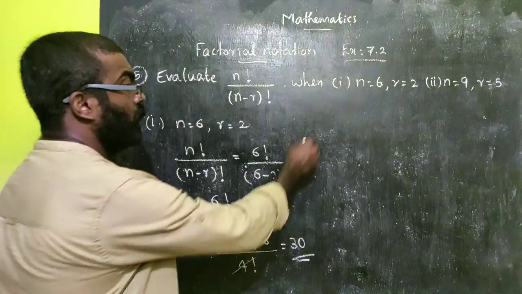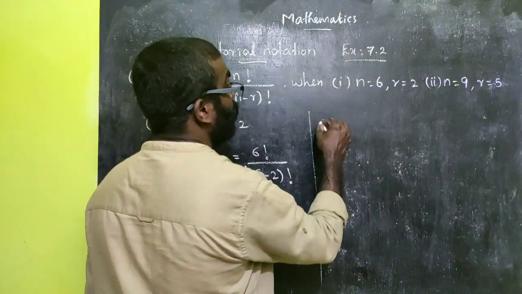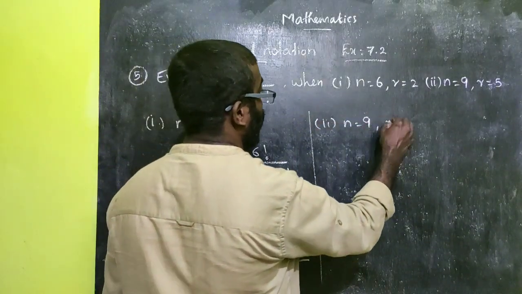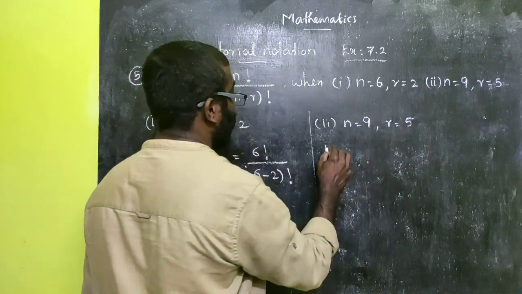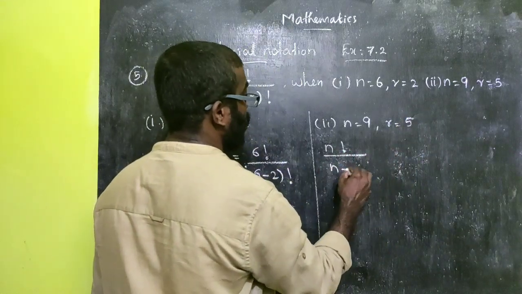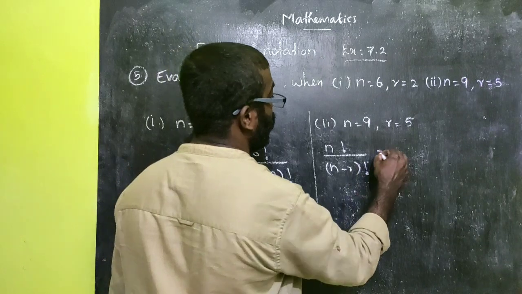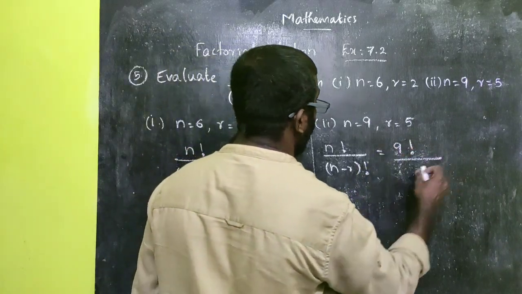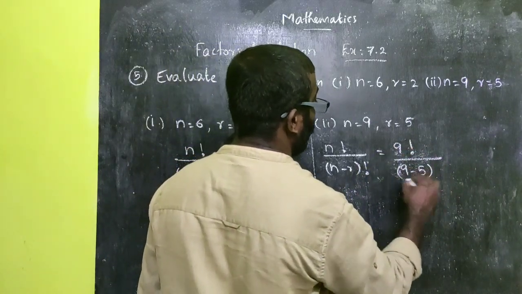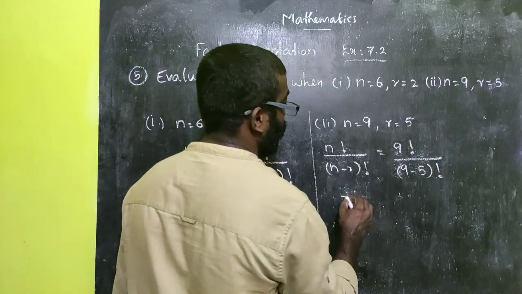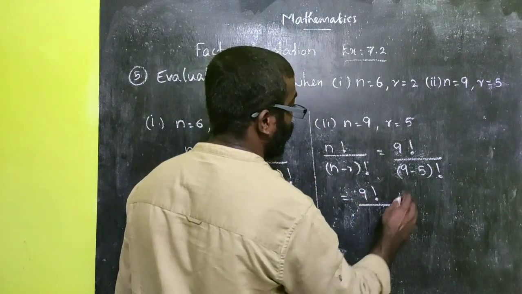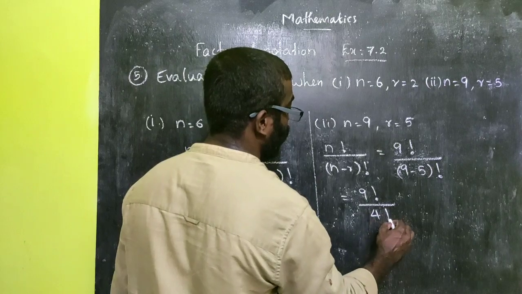Okay. Now take the second one. n is equal to 9 and r equal to 5. n factorial by n minus r the whole factorial is equal to 9 factorial divided by 9 minus 5 the whole factorial. That is 9 factorial by 9 minus 5, 4 factorial.